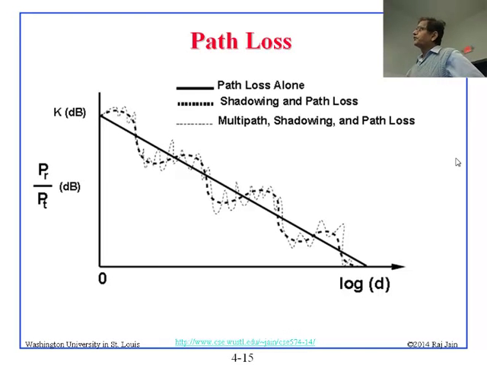So if you plot the path loss, this is how it will look. You see there is a very thin line here, which is actually the line that I want to show you. If you ignore that small scale fading, then you get this thicker line, right? And if you ignore all this oscillation, then you get this straight line.